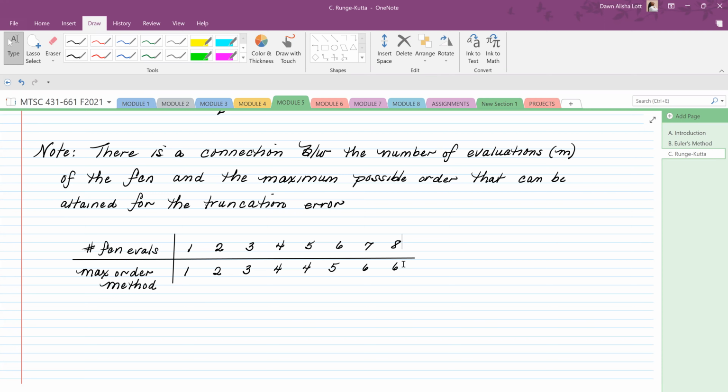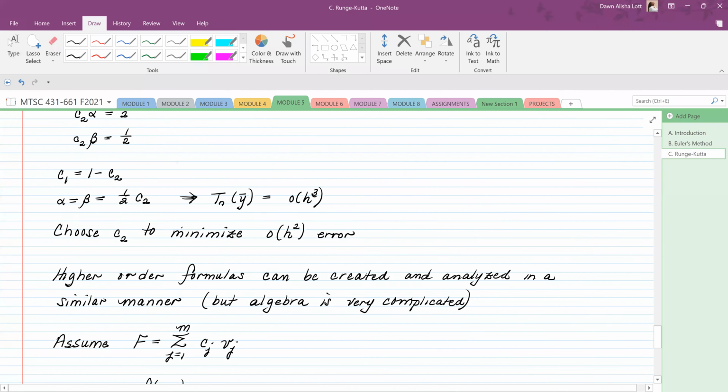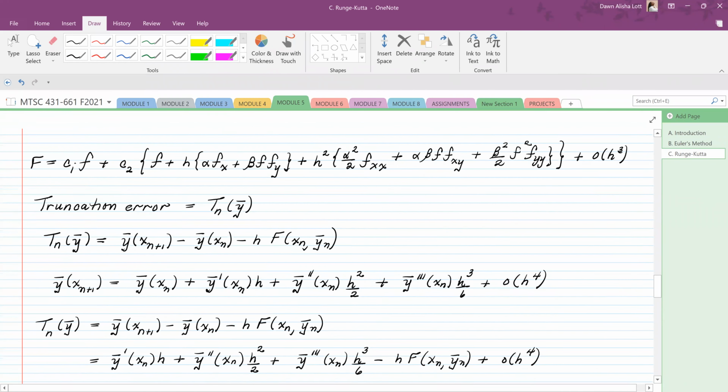All right, so let's look at our algorithm for our method. Here's the actual fourth order method. Oh, good, we'll have time to get through all of it.